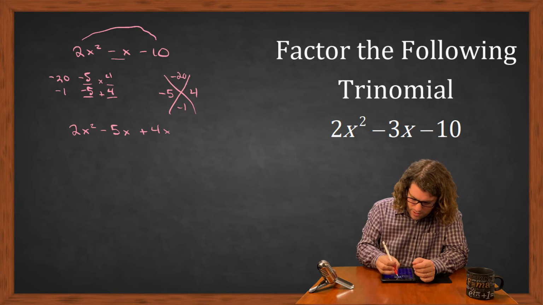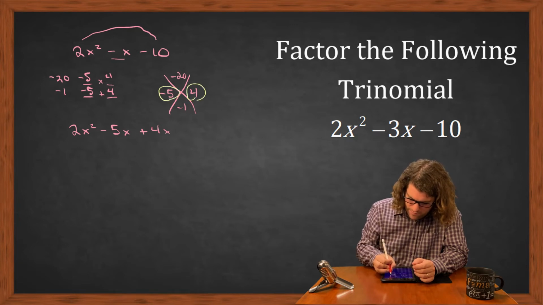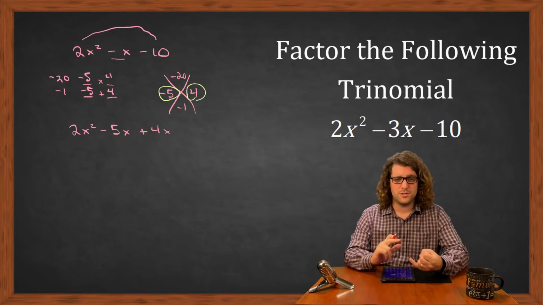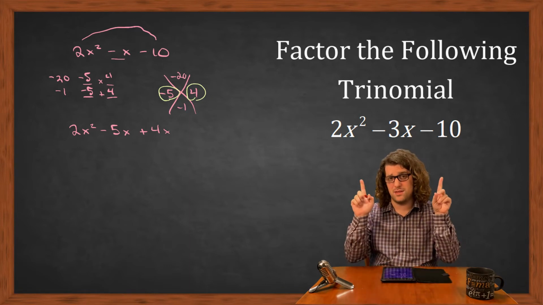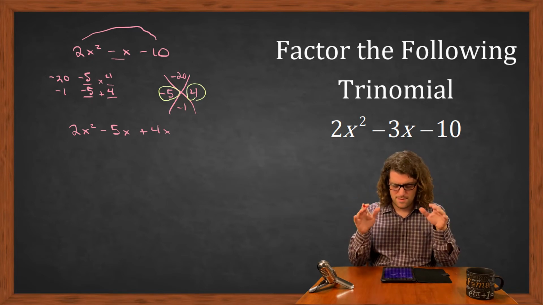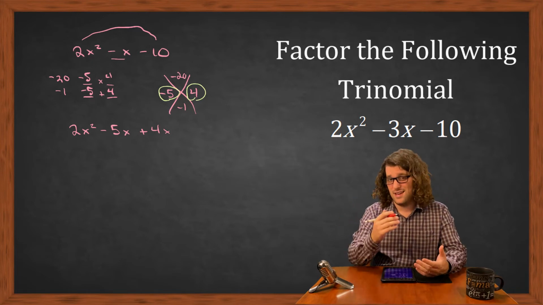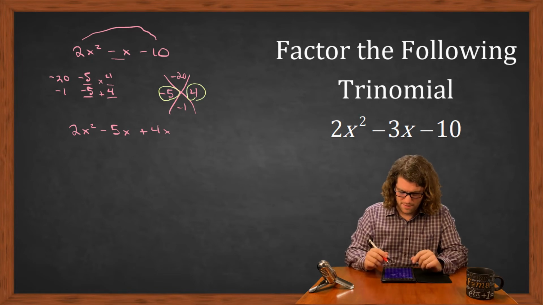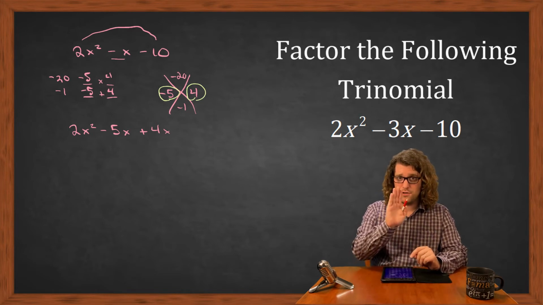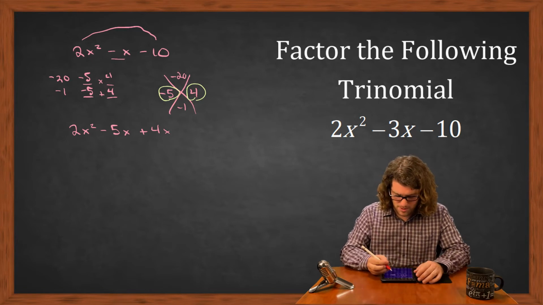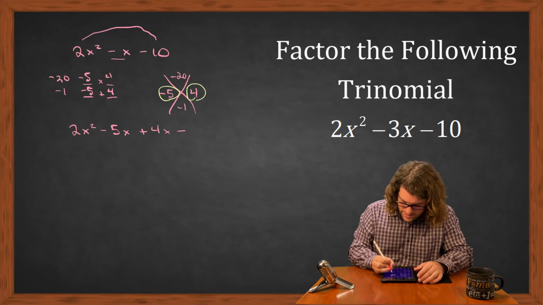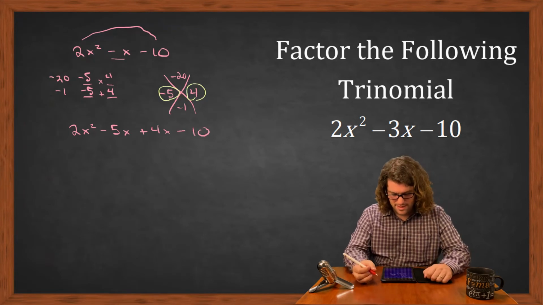Those two values are found specifically from the number game that I was playing earlier, where I was looking for two numbers that multiply to give me the coefficient on the front and the constant at the end multiplied together. So that negative 20 looked to have those two numbers multiply to give you negative 20 and add to give you the coefficient on the middle term, which was negative 1. All right, so we're going to continue on here, and that's still minus 10 at the end of that thing.